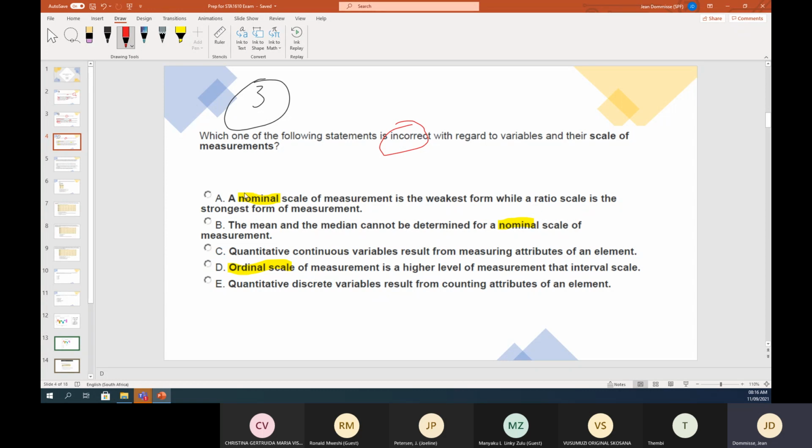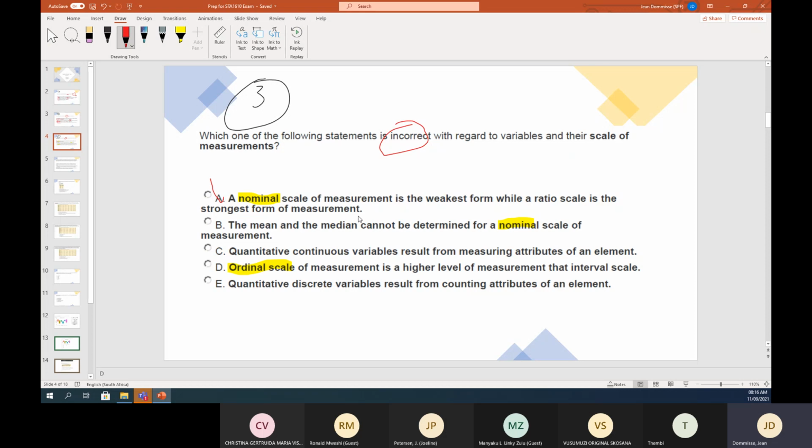So this is definitely correct. Nominal is just looking at categories of data, say we look at the different provinces in South Africa, where 1 is Gauteng, 2 is Eastern Cape, and so on. There's basically no ordering in a sense in that.